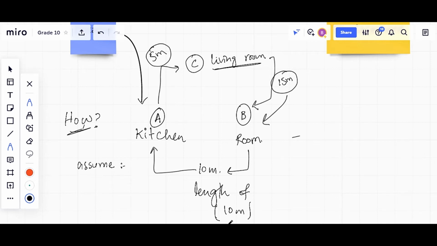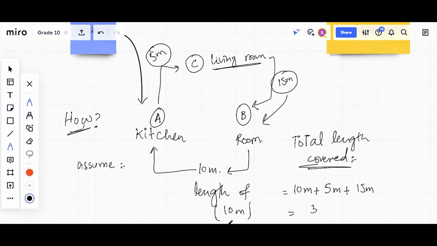So in the end, what is the total length you have covered? The total length covered by that person is 10 meters plus 5 meters plus 15 meters. So in total, your length covered is 30 meters. Your distance is going to be 30 meters, starting from the room and ending at the room again.